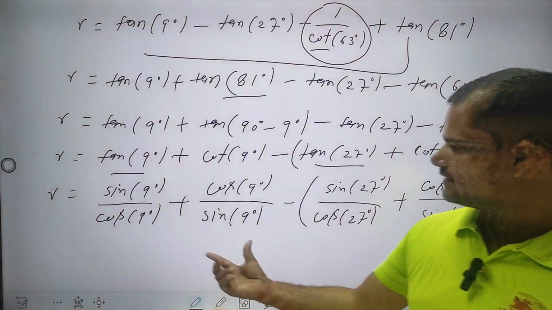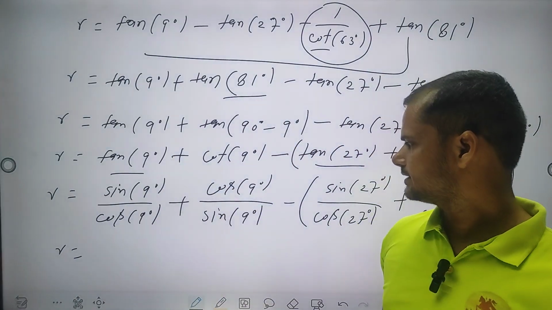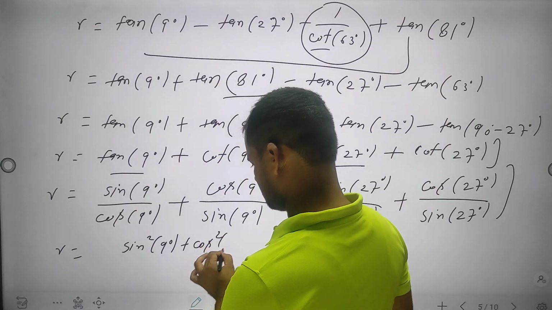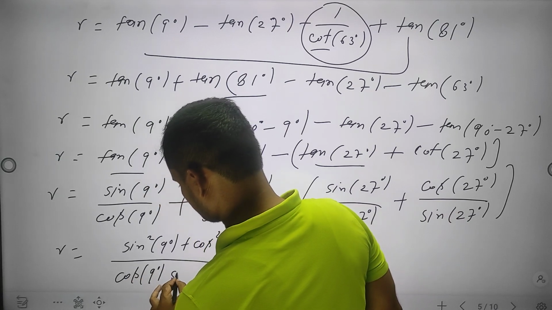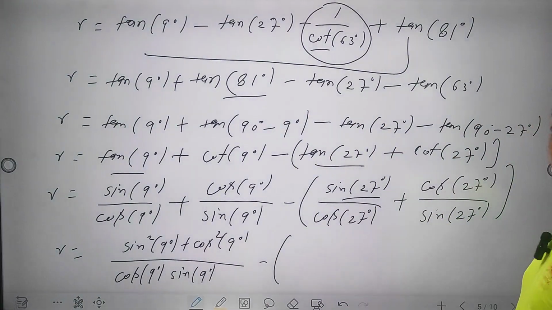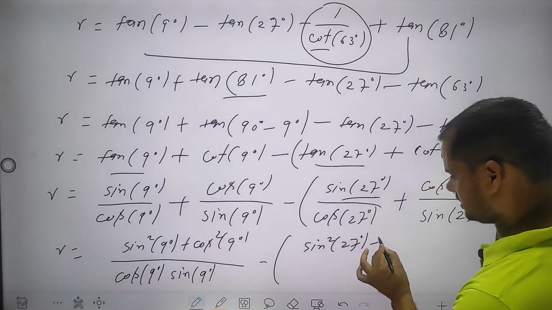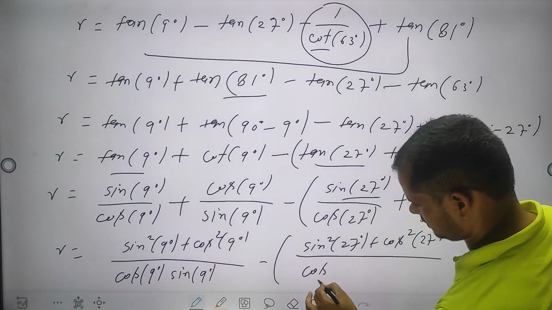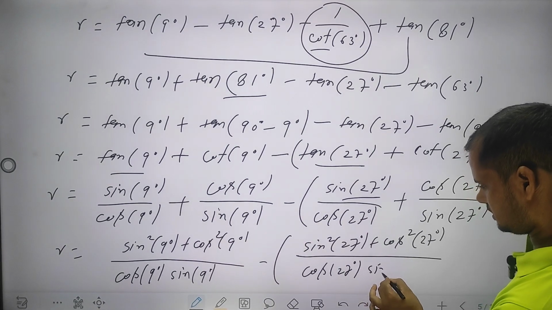Now taking LCM, r equals sin square 9 degree plus cos square 9 degree upon cos 9 degree into sin 9 degree, minus sin square 27 degree plus cos square 27 degree upon cos 27 degree into sin 27 degree.